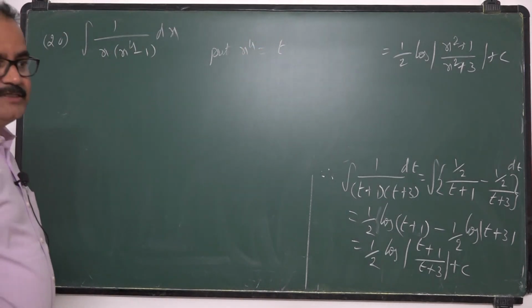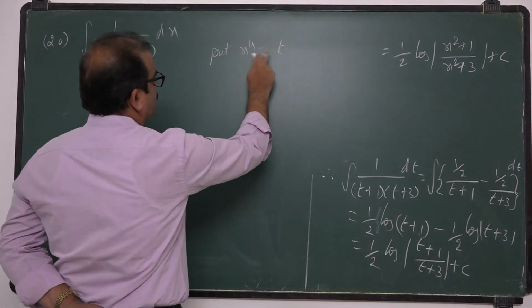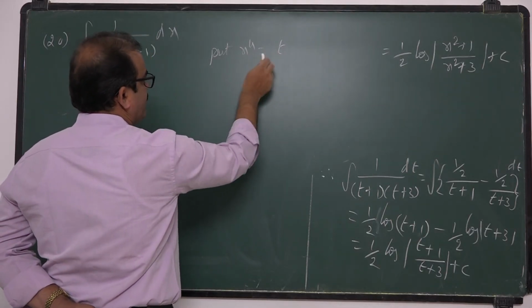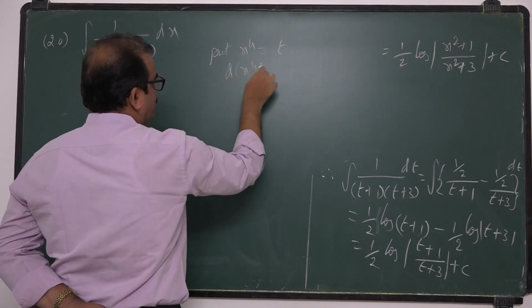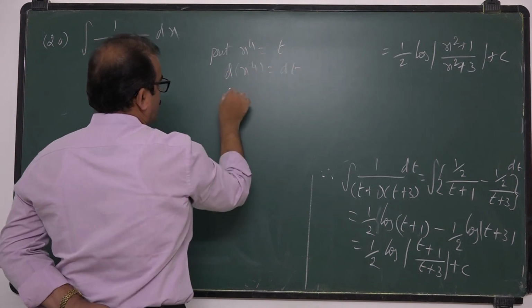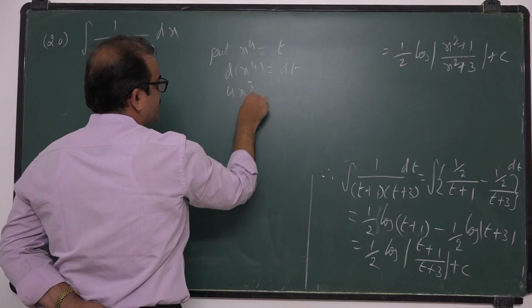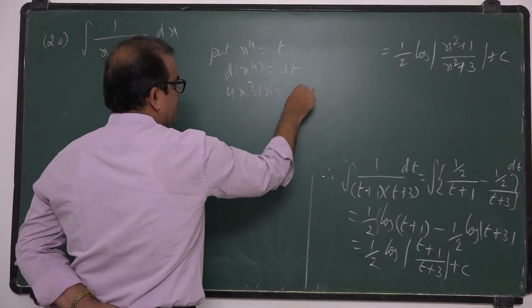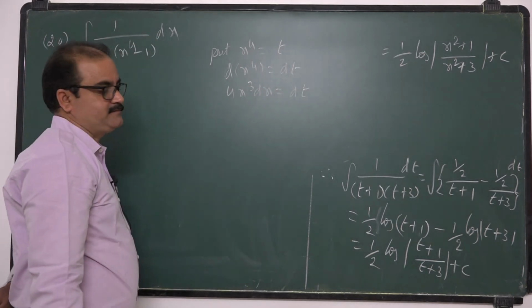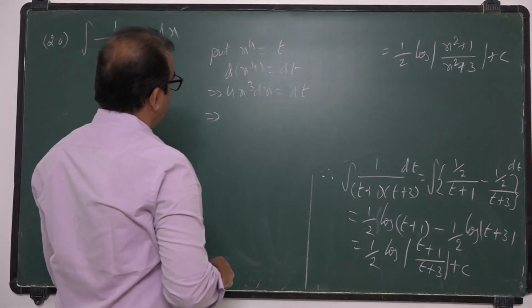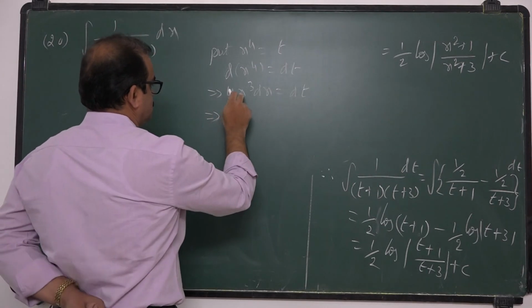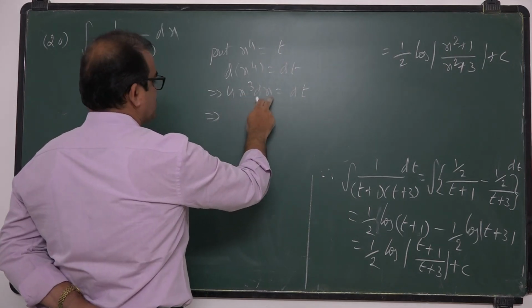What is the derivative of x power 4? 4 into x cube into dx, that is equal to dt. 4x cube dx is equal to dt.